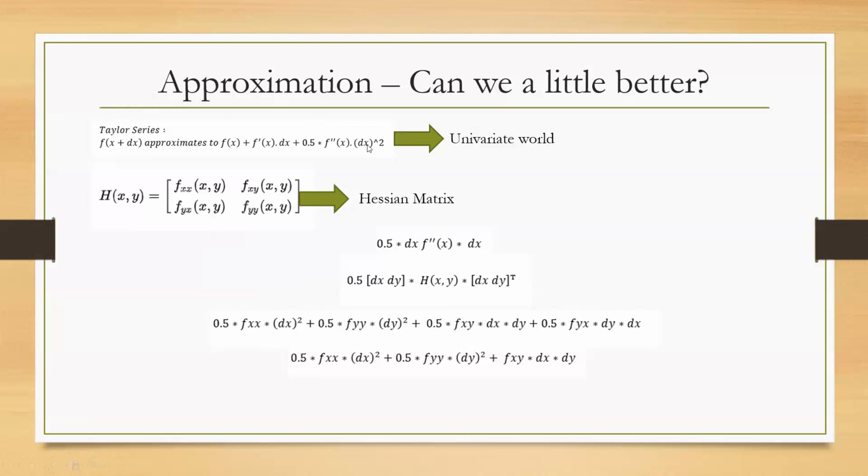And just imagine this dx squared to be split as dx here and dx here. Since we have 2 variables, think of a vector or a matrix dx and dy. On the other side, think of dx dy transpose.